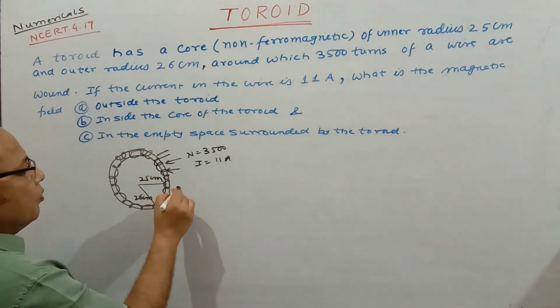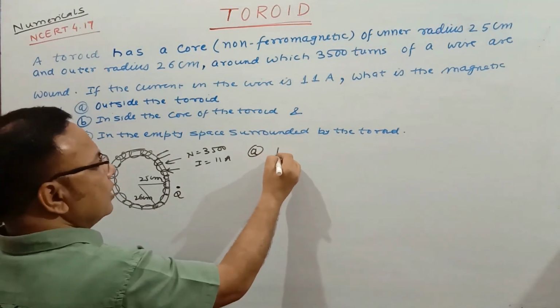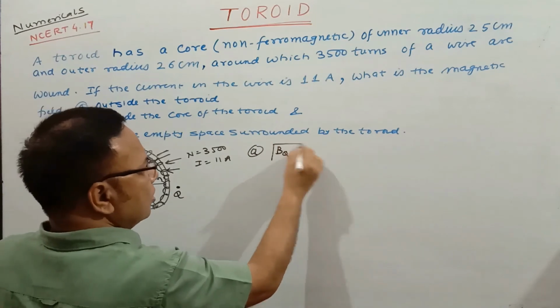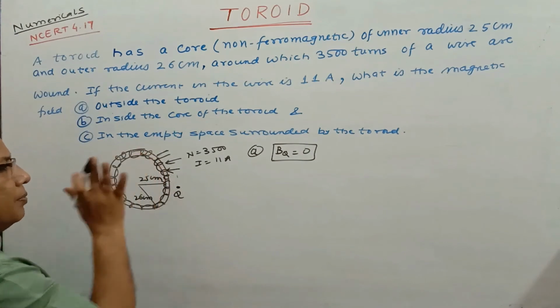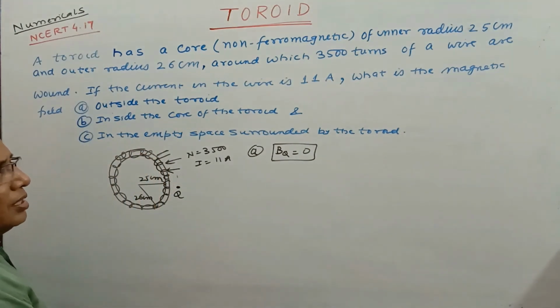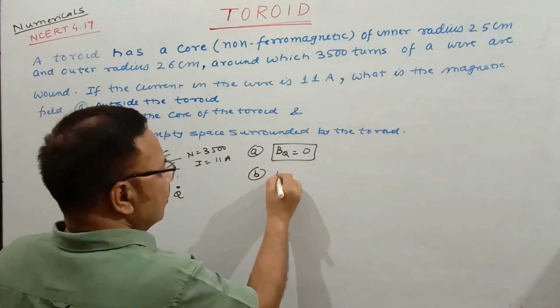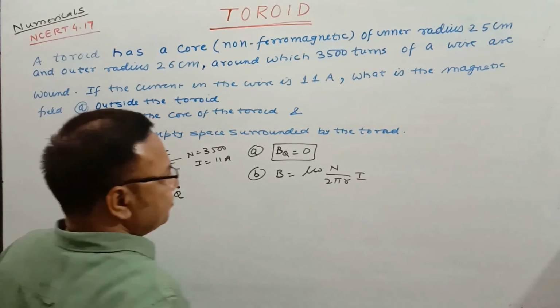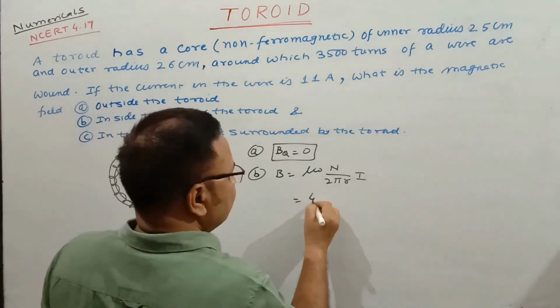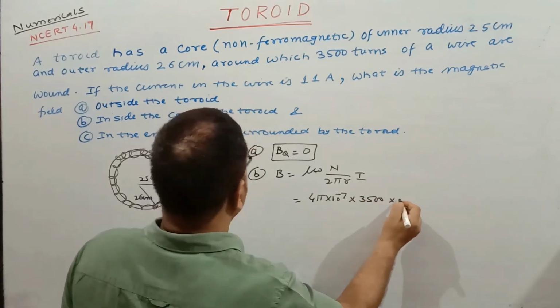We just saw that outside, the magnetic field is 0. If we draw an Amperian loop, the total current going in and coming out is the same, so the net current is 0, and that is why the magnetic field is 0. Inside the core we get magnetic field B, and we know the formula: B is equal to mu naught N divided by 2 pi r into I. Mu naught is 4 pi into 10 to the power minus 7, N is 3500, I is 11 ampere.